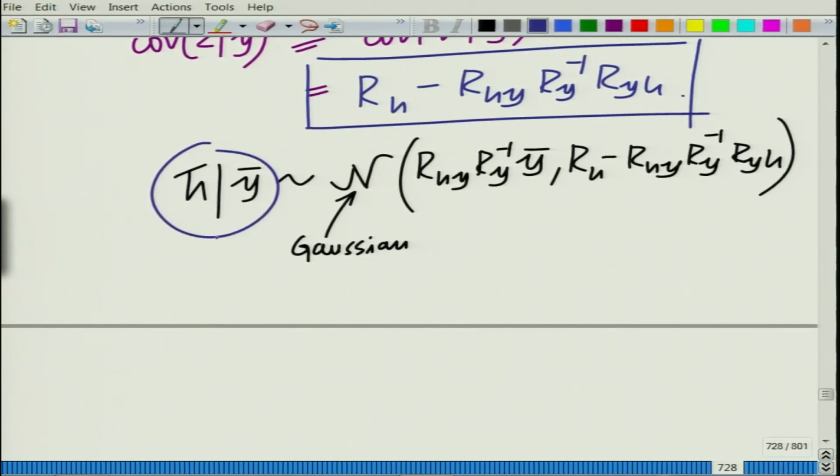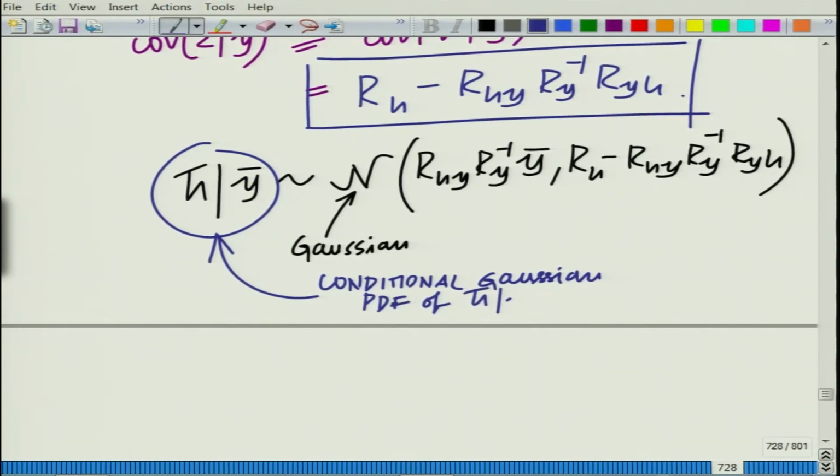This is the conditional Gaussian PDF of h bar given y bar.